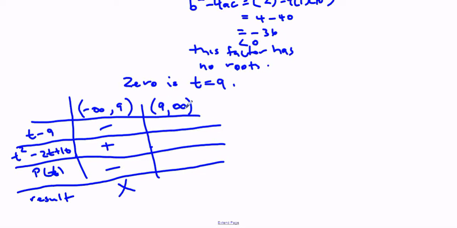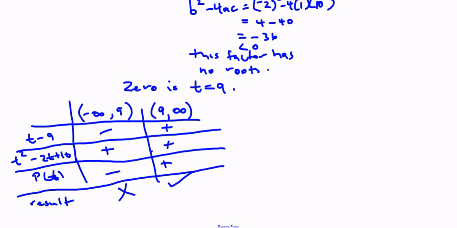But anyway, we'll just do our due diligence here, and we'll put in 100. So 100 minus 9, well, that's positive. 100 squared minus 2 times 100 plus 10 is still a positive number. So a positive times a positive is a positive. And when I check against my inequality, I see that, oh yeah, that is the interval that I'm looking for.